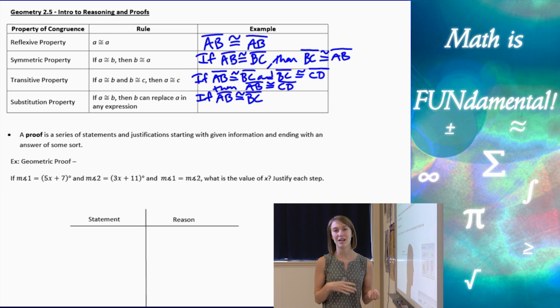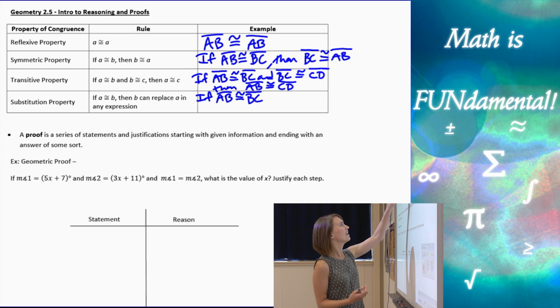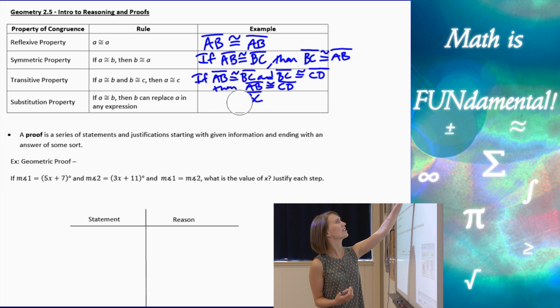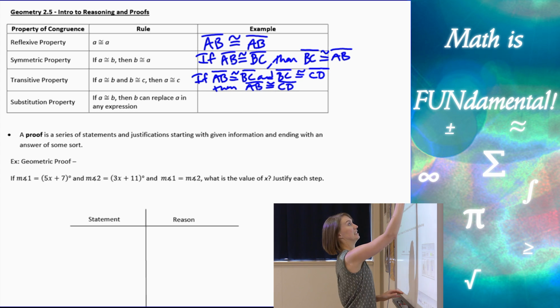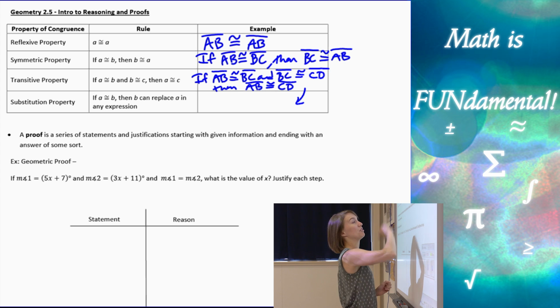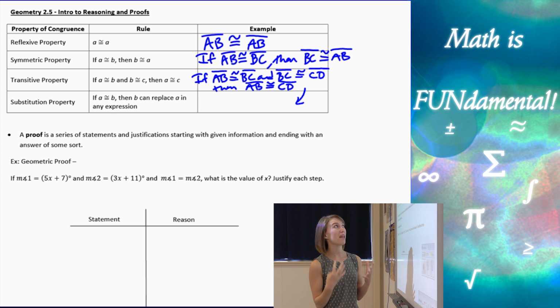In the last example, we had an equal sign so we could make an equation, but with congruence, it doesn't work quite as well to make the two examples different. So, you know what? I'm just going to say that that works for that one too. Same example for substitution property of congruence.